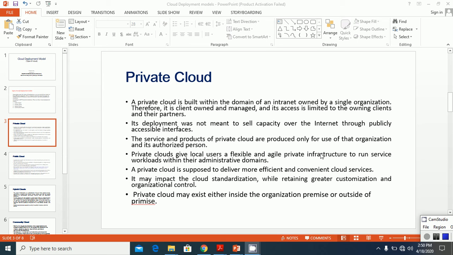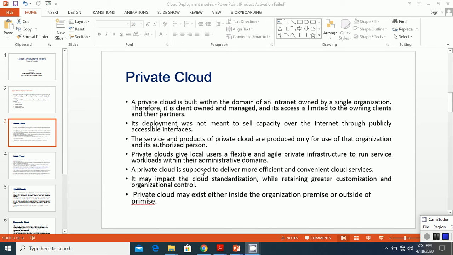A private cloud is built within the domain of an intranet owned by a single organization. Therefore, it is client owned and managed, and its access is limited to owning clients and their partners. This means the services and products of private clouds are produced only for the use of that organization and its authorized, or limited number of persons.